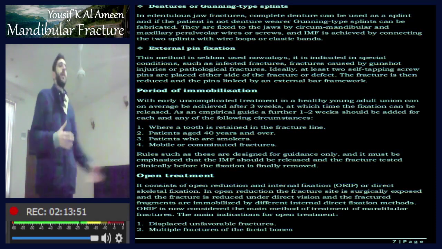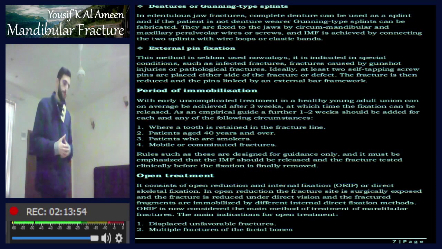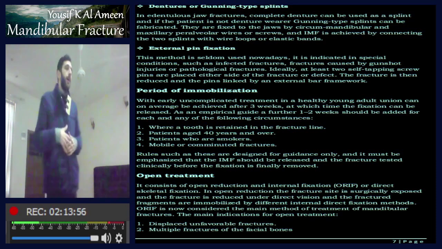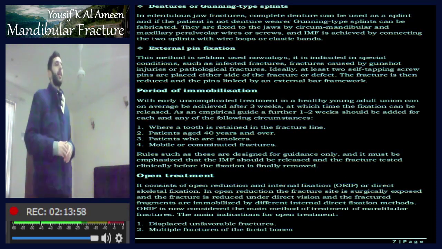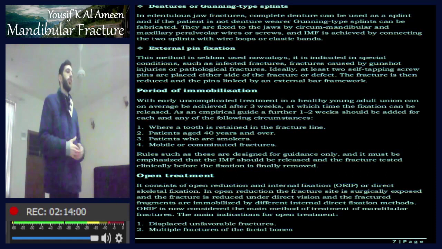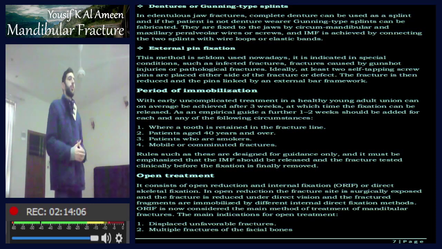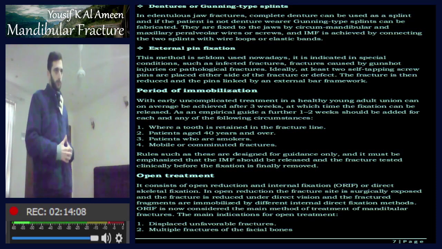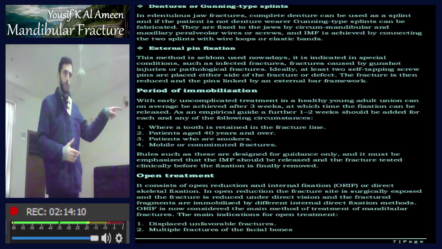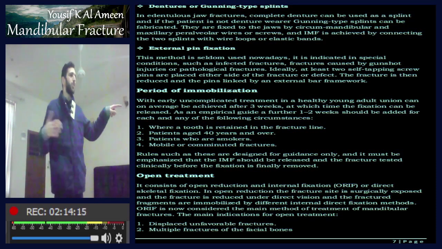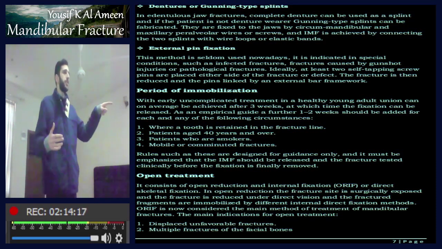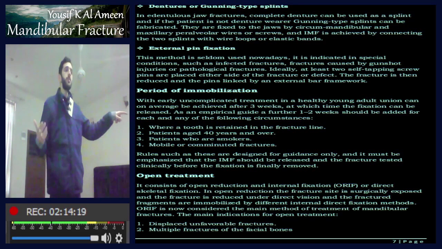To give you an idea, with early uncomplicated treatment in healthy young adults, union can, on average, be achieved after 3 weeks, at which time the fixation can be released.